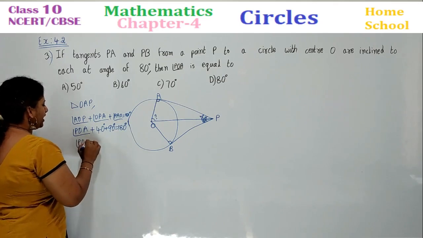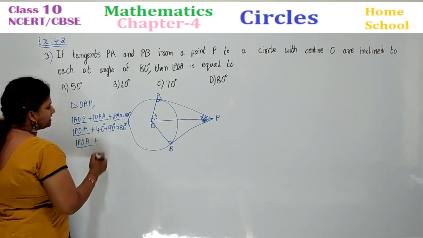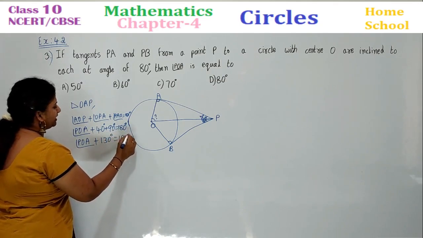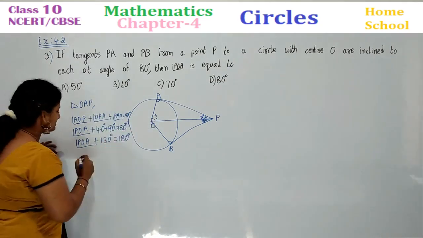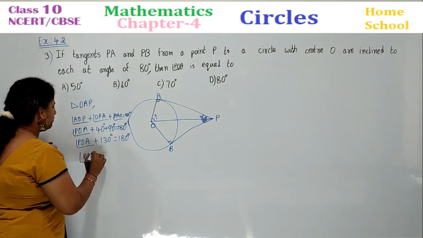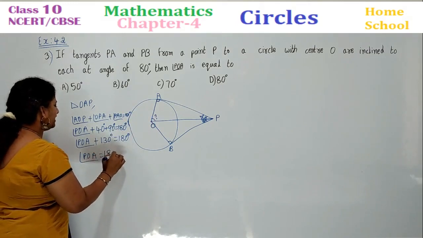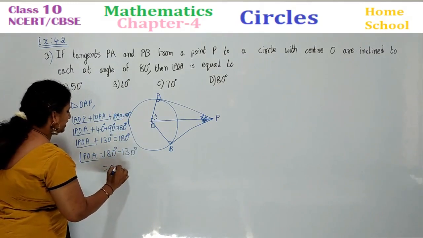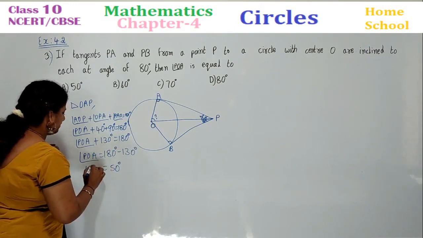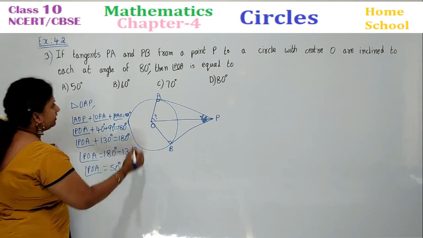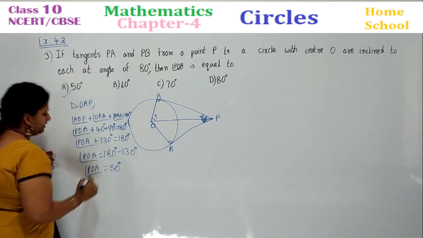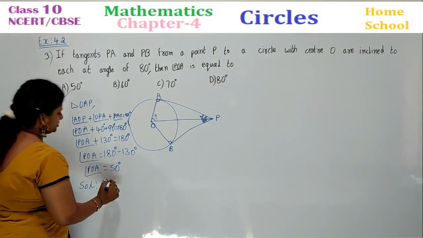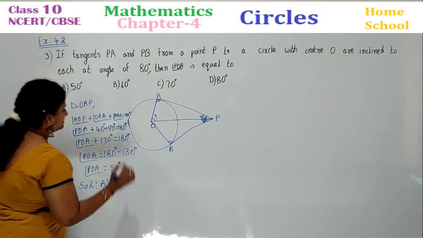Angle POA plus 90 plus 40, it will be 130 degrees is equal to 180. Send this 130 other side. Angle POA is equal to 180 degrees minus 130 degrees. That will be 50 degrees is your answer. Angle POA is equal to 50 degrees. Which option is right, children? Your solution is option A, 50 degrees is your answer.